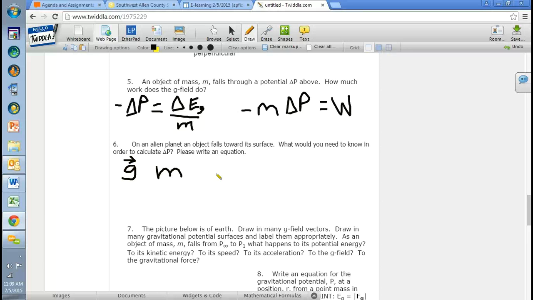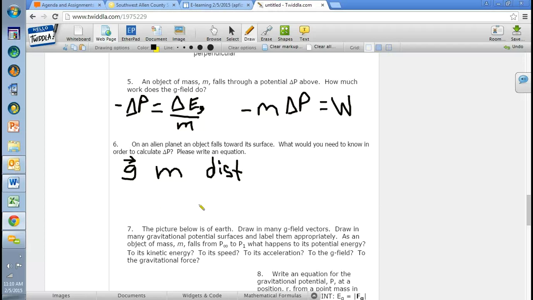Is it radius? No, wait a second. Yeah, it's a change, right? I'm going to call it distance. Is that okay if I just call it distance? Okay, I'm going to call it distance, how far it moves. So I'd need to know the gravitational field, the mass, and the distance. And so, what would that delta P look like then?